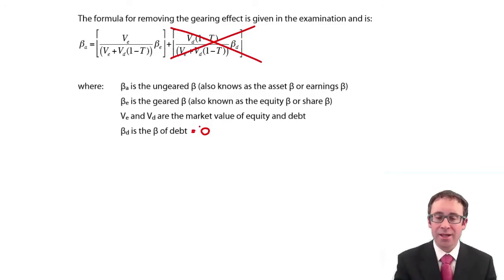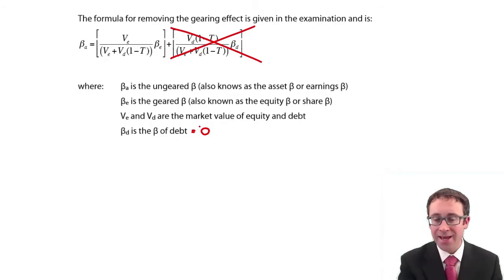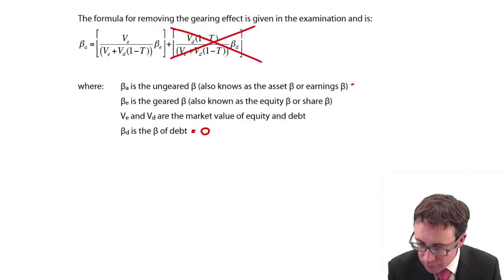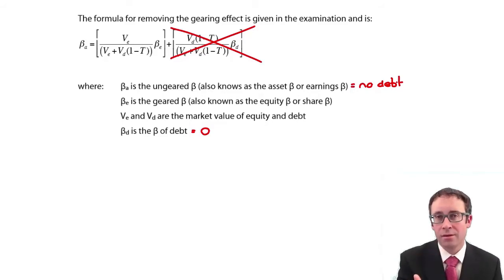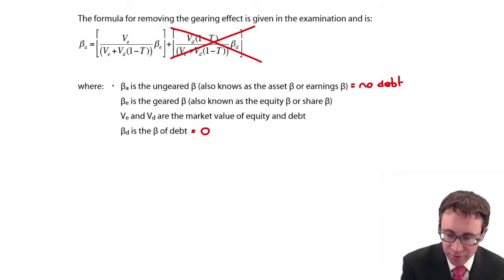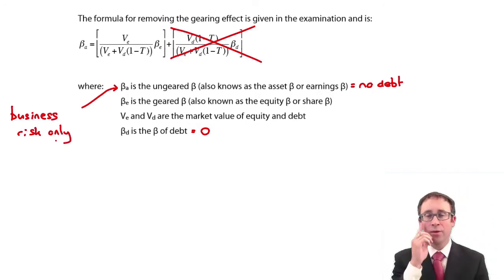We've now got a more simplified formula, whereby beta A is the ungeared beta. Therefore there is no debt, or if you like, it is the 100% equity financed business. If that's the case, beta asset is just reflecting the business risk only, isn't it?